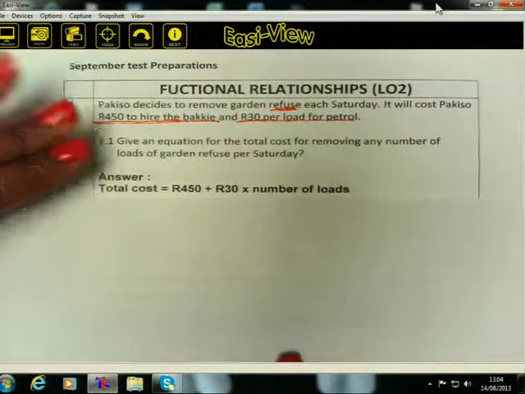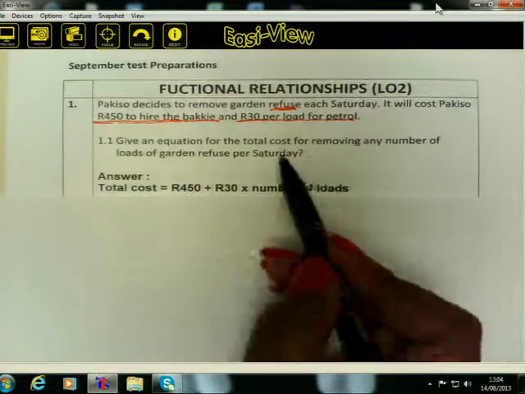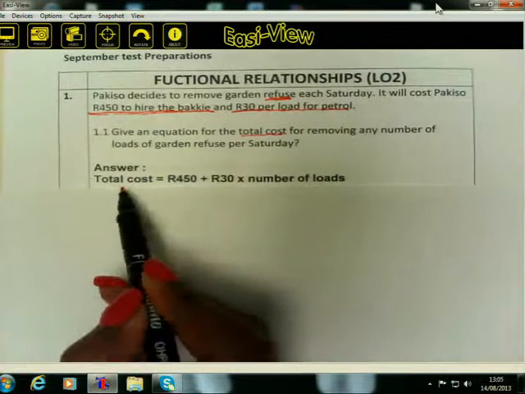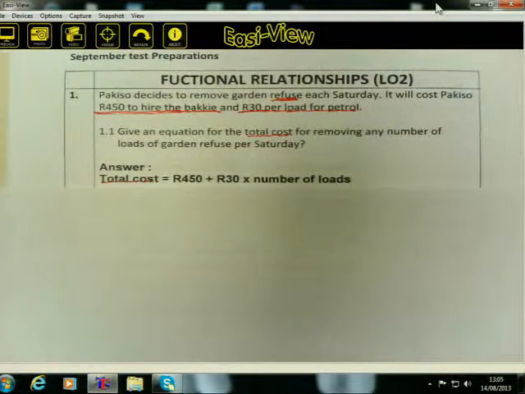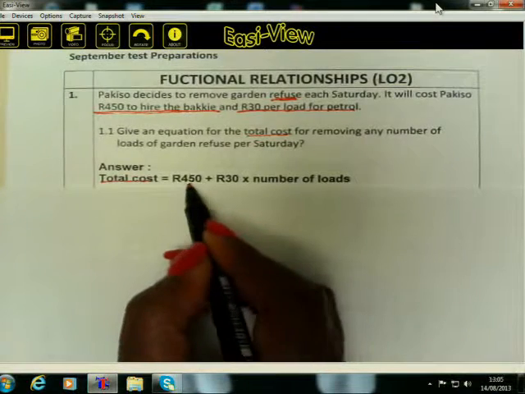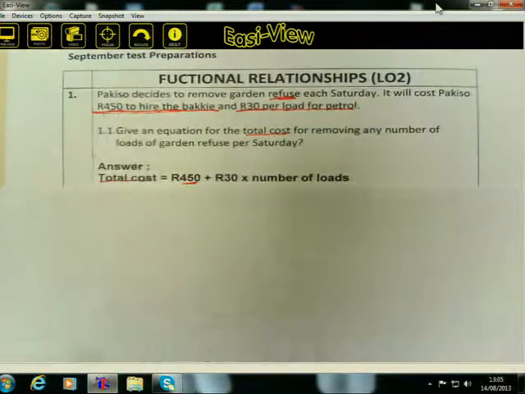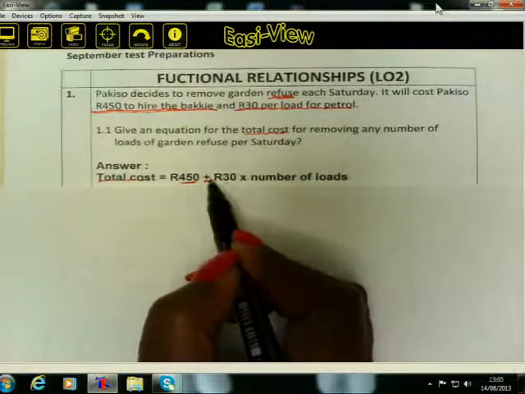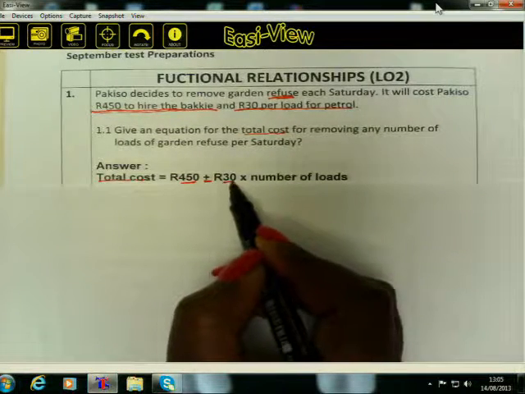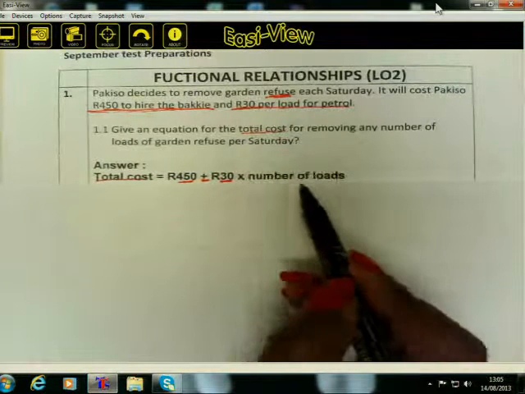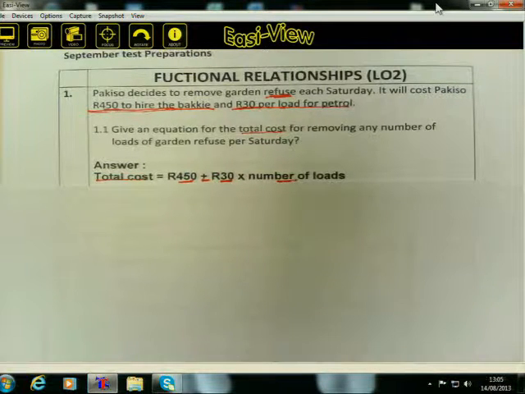If we go into the answer, remember the question said you must calculate total cost. We start our answer by writing total cost is equals to 450. Remember, the 450 is to hire the bakkie, plus the 30 rands. We're told that 30 rands per load, so it will be 30 rands multiplied by number of loads.